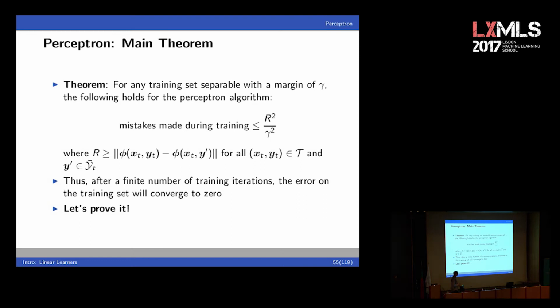So the point is what the perceptron algorithm does, and this is also different to the algorithms before. The perceptron algorithm always makes a prediction on the next example, right? So the next example that it makes a prediction on is actually unseen to the perceptron. So this is why the perceptron is an online learning algorithm.